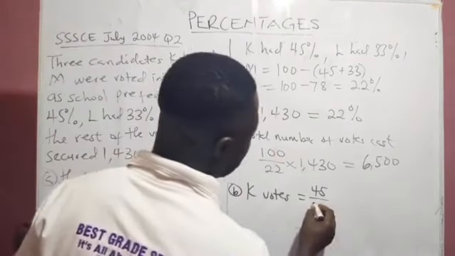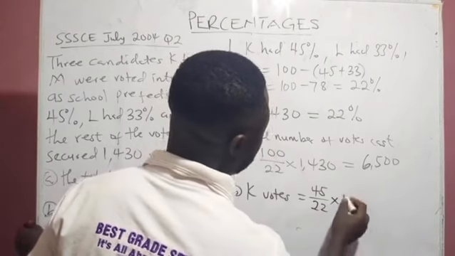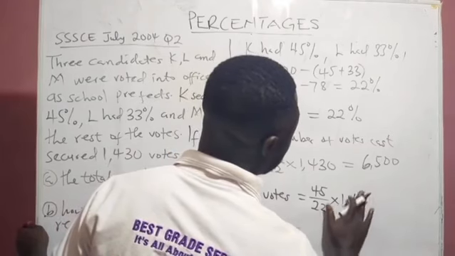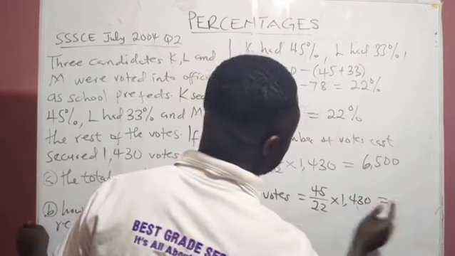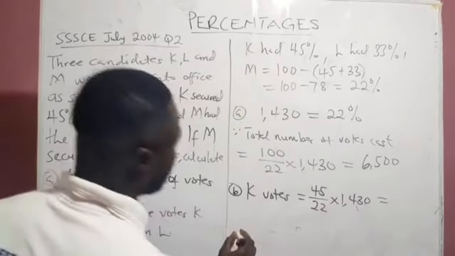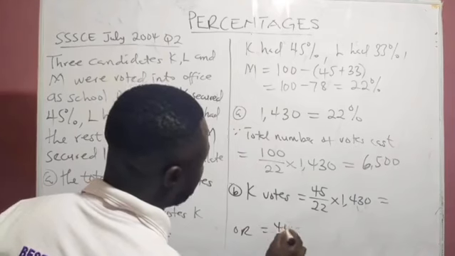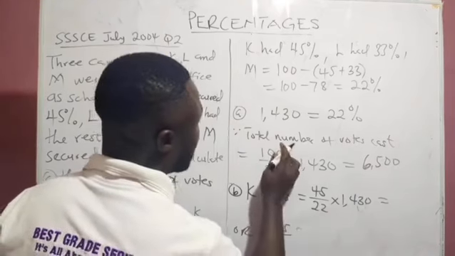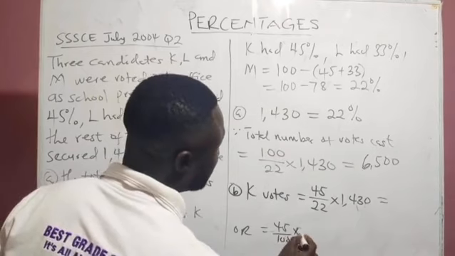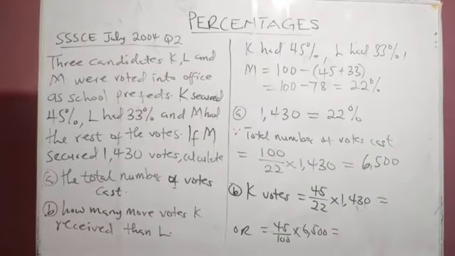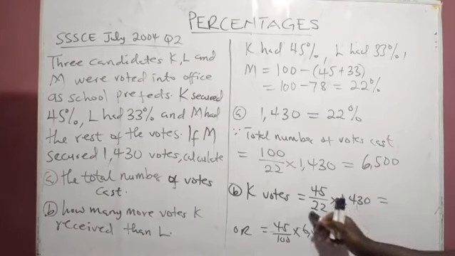So if I'm using the 22, then that will be 1,430, because this corresponds to this. Or I can also say that it is 45 over 100, because this 100% has a value of 6,500. And I'm going to get the same answer. The percentage corresponds to this value, and this corresponds to this value.